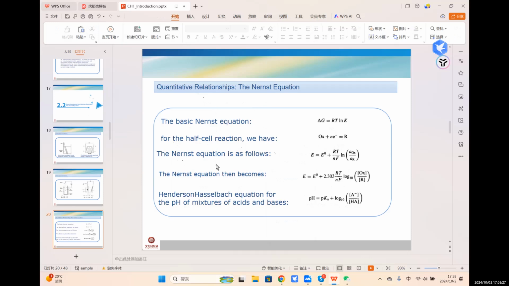The Nernst equation is as follows, because we have the above equation, so we can infer the equation as follows. The Nernst equation becomes that. And the last equation is for the pH of mixtures of acids and bases.